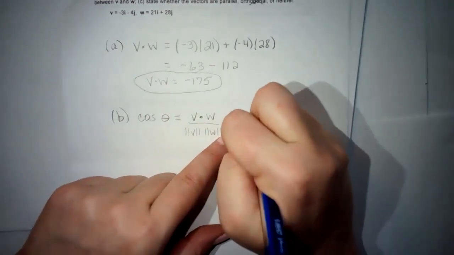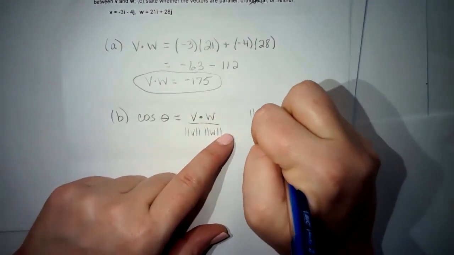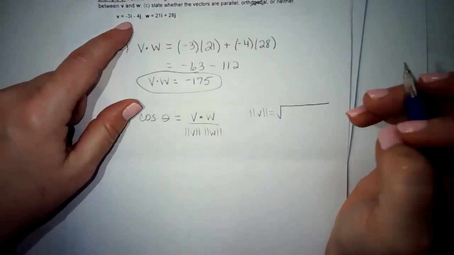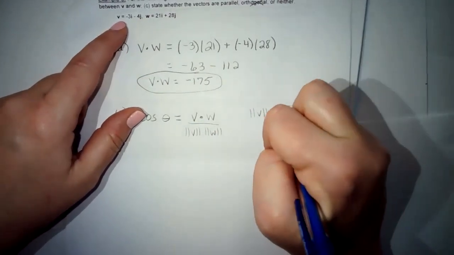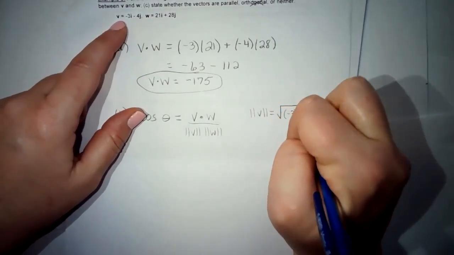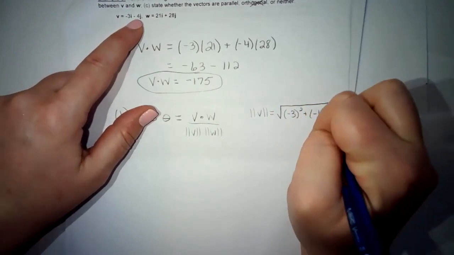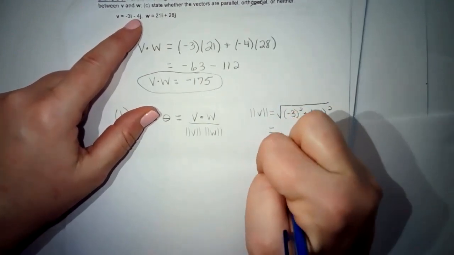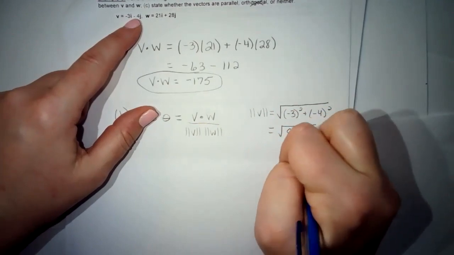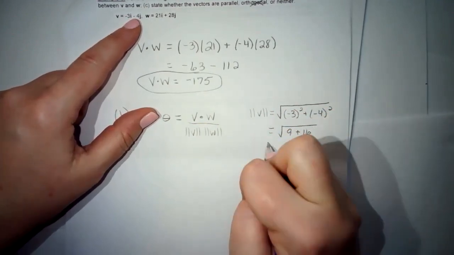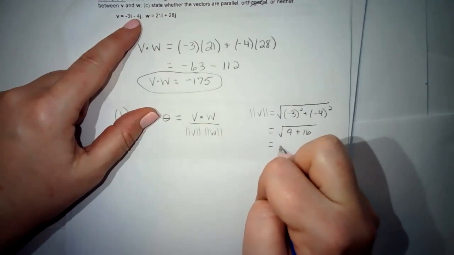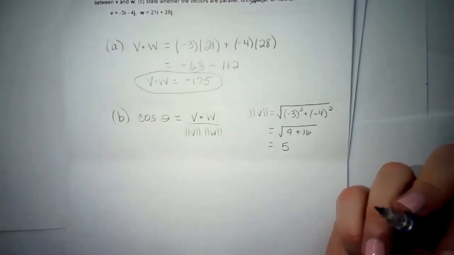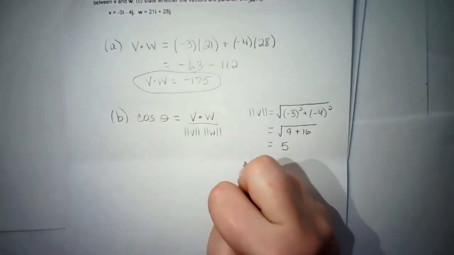Let's find our magnitudes. Magnitude of V: square root of the I component squared plus the J component squared. That'll be 9 plus 16, a nice little root of 25, which gives me 5. That was handy.